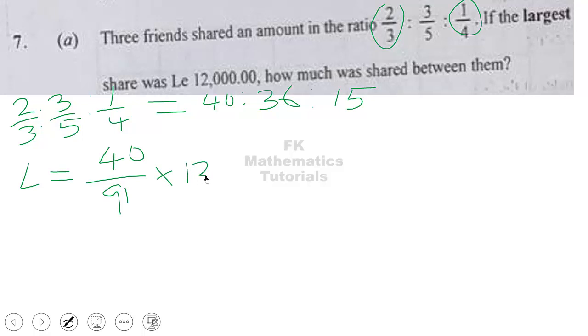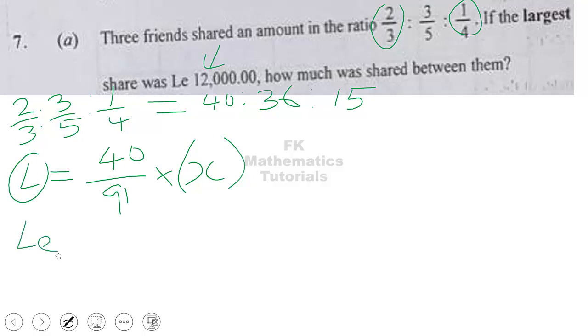Okay, so we don't know the total amount, but the largest amount was 12,000. So we don't know the total amount shared, so we let it be x, but this is equal to 12,000.